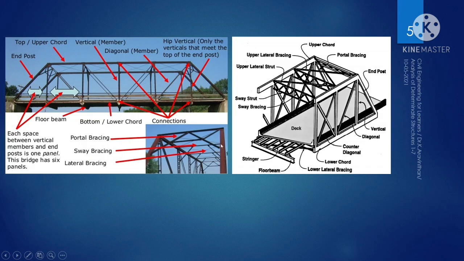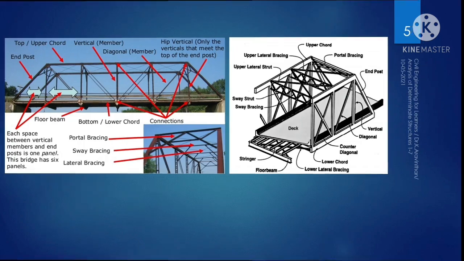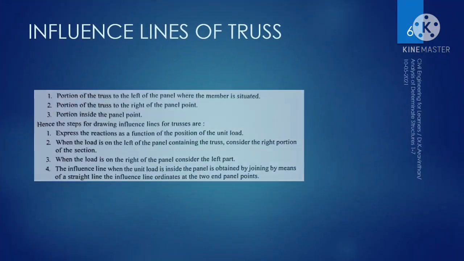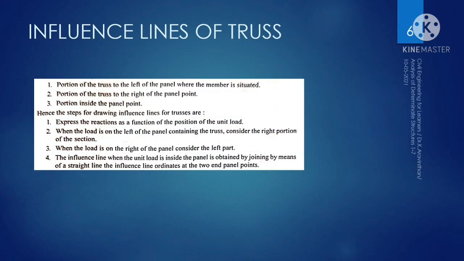In between two trusses you will have sway bracing, and for that you will have that cross mark of lateral bracing. So this is the lateral bracing. The components of all truss elements are discussed here, and now comes the influence line of trusses.